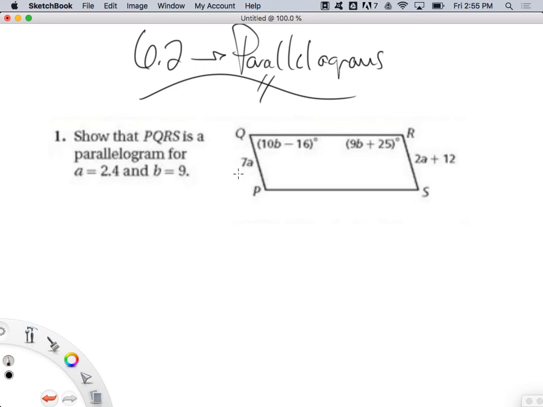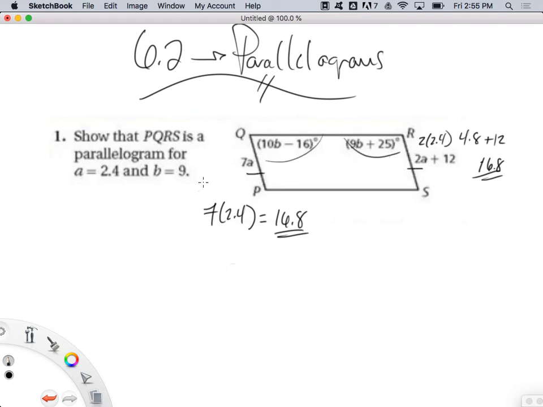Congruent. So if I plug 2.4 in for a, what should I get? Should they be the same or should they be different? The same. 7 times 2.4 is 16.8. 2 times 2.4 is 4.8 plus 12 is 16.8. Does that make sense? They're the same. They're congruent. That's good. Now, what about these 2 angles?